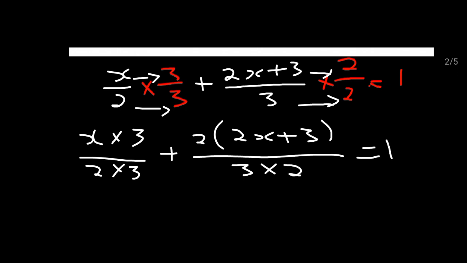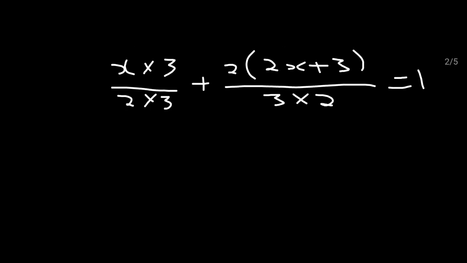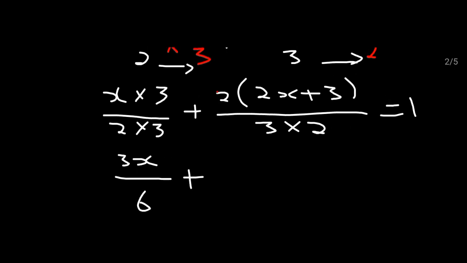So x multiplied by 3 is 3x, then 2 multiplied by 3 is 6, plus now we distribute 2 multiplied by 2x, it's 4x, 2 multiplied by 3 it's positive 6, then divided by 6 equal to 1.